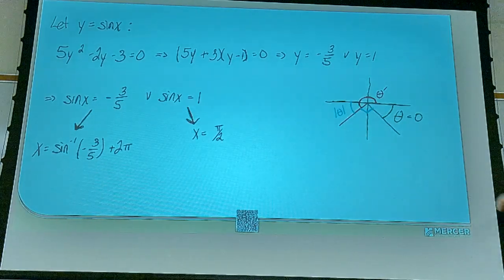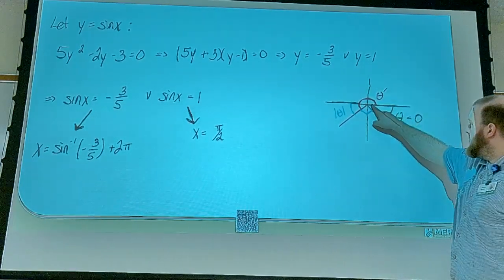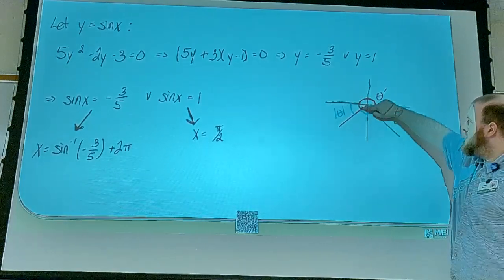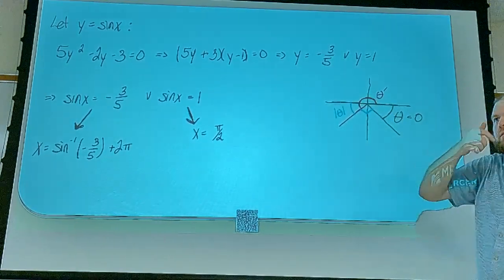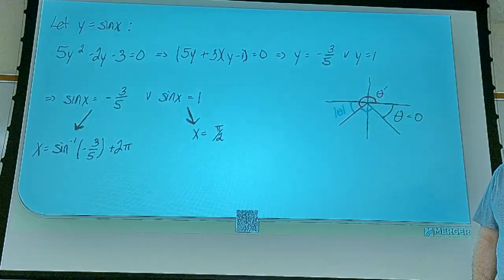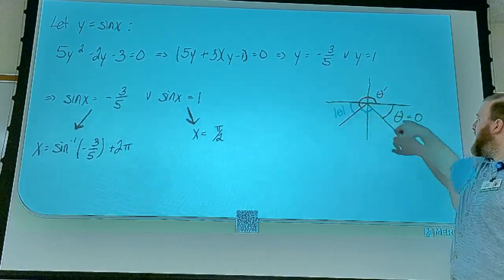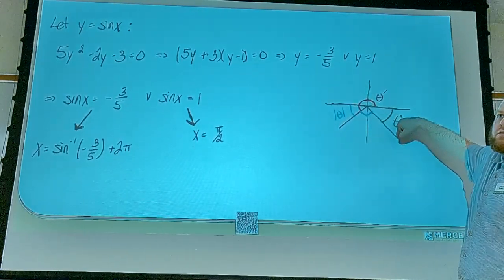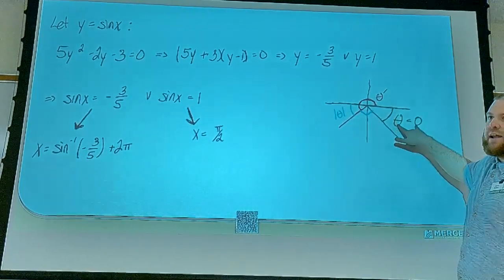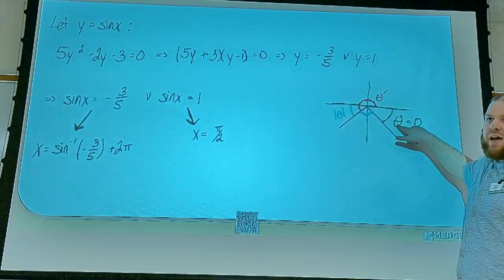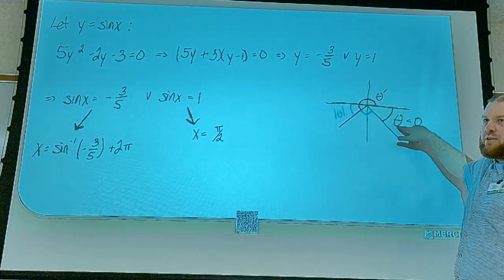Then isn't our angle in question pi plus that absolute value? Pi minus theta. Because remember, theta is negative. So the absolute value of theta would be negative theta.